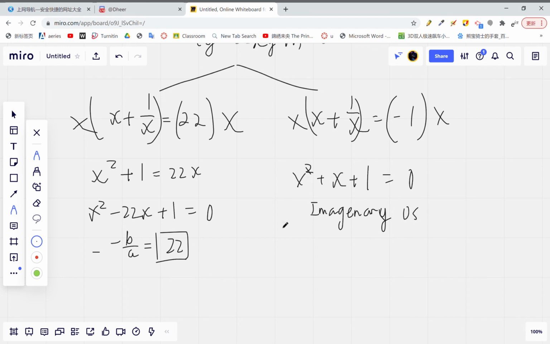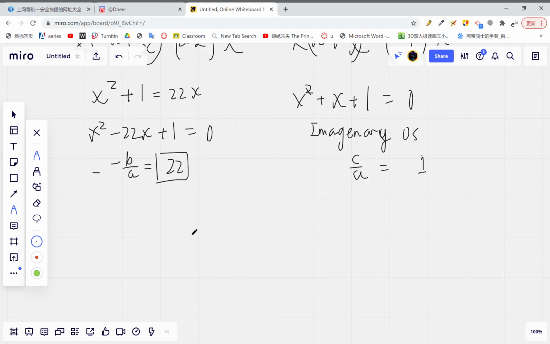Because negative b, so basically just negative 1 plus or minus the square root of 1 minus 4, which is equal to i times the square root of 3, an imaginary number. So we just want to find the product, which is c over a, which is 1.